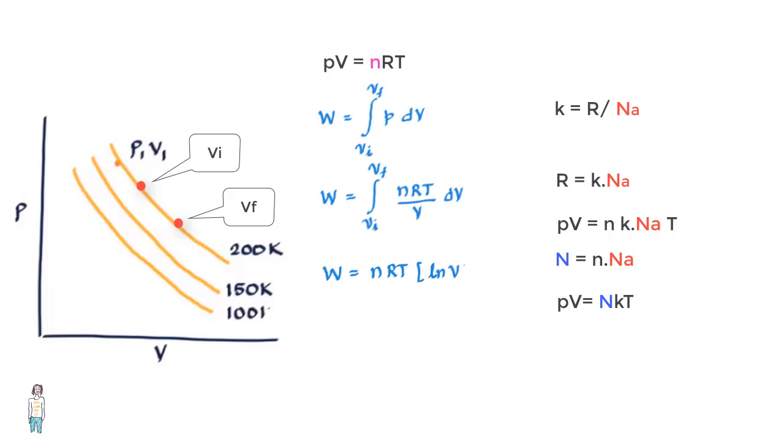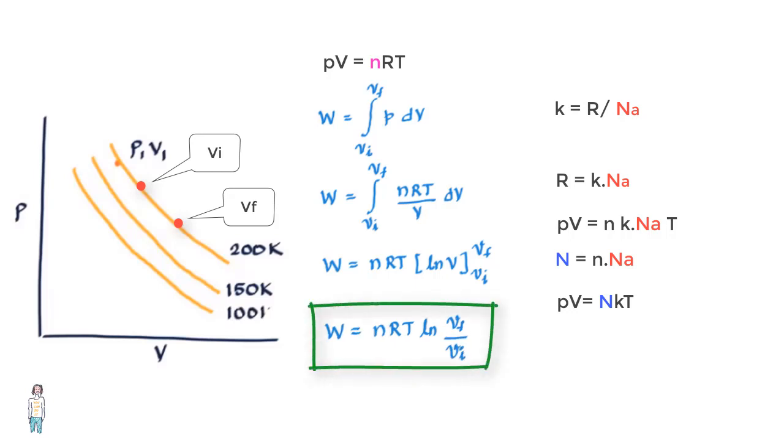And then this simplifies to nRT times ln of V final minus ln Vi, or W is equal to nRT ln Vf upon Vi for ideal gas and isothermal process. What you need to remember here is that ln is a natural logarithm with base e.